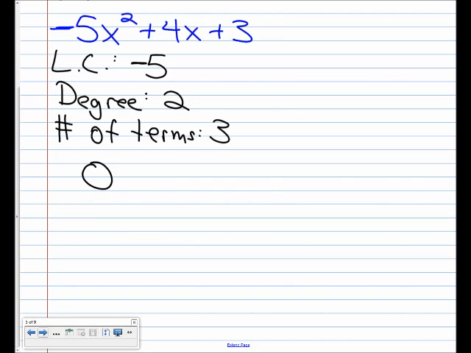Quadratic. Very good. That comes first. Always the degree. To write the next word, you look at the number of terms. How many terms are there? 3. So we said monomial is 1 term. Binomial, 2 terms. Trinomial. So this is a quadratic trinomial.